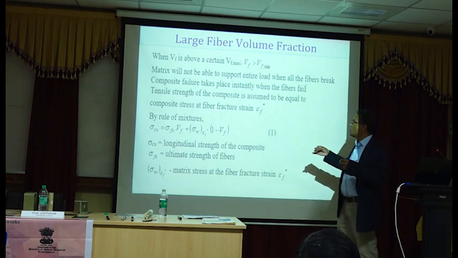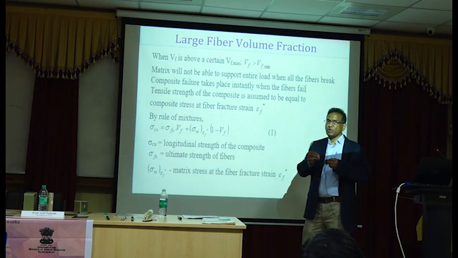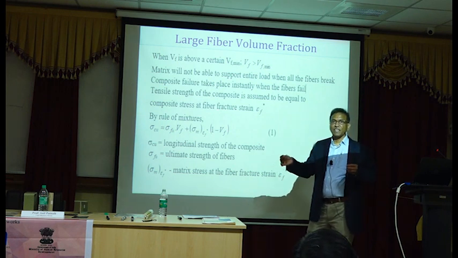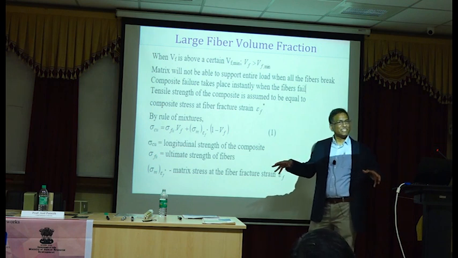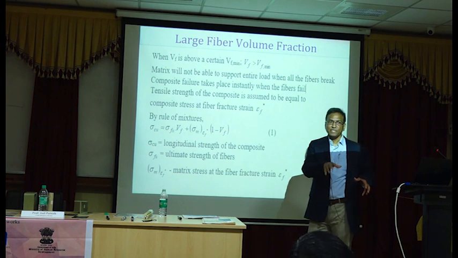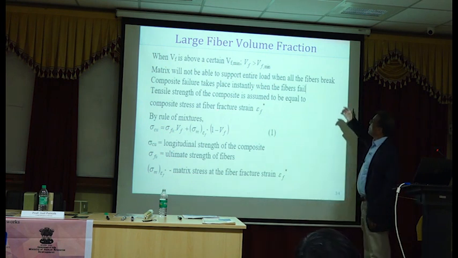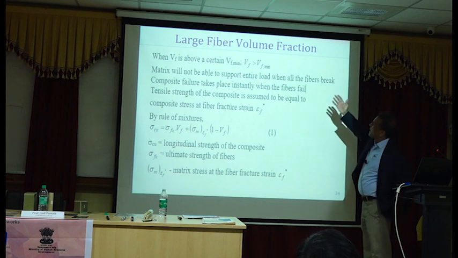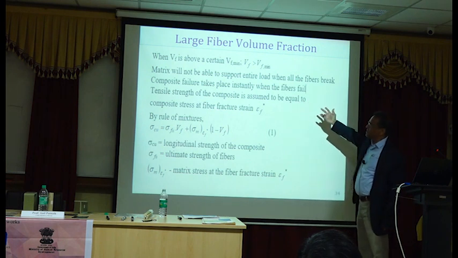Because whatever load is carried by the fibers will be transferred to the matrix, but if the matrix is not capable of carrying that load, it will fail, right? It's brittle failure, just like our concrete. That's the basis for our minimum reinforcement. So it will not be able to support the entire load when the fibers break and fail in a sudden manner, all of a sudden without any warning.